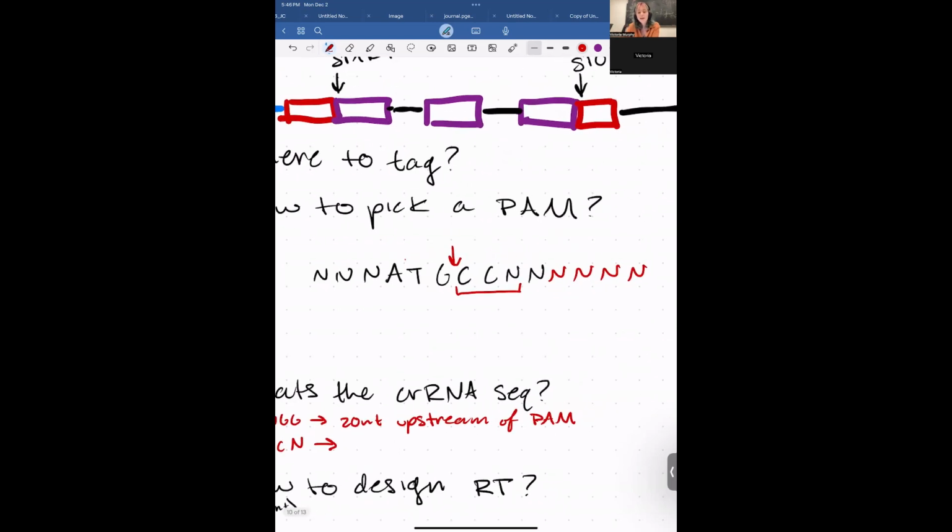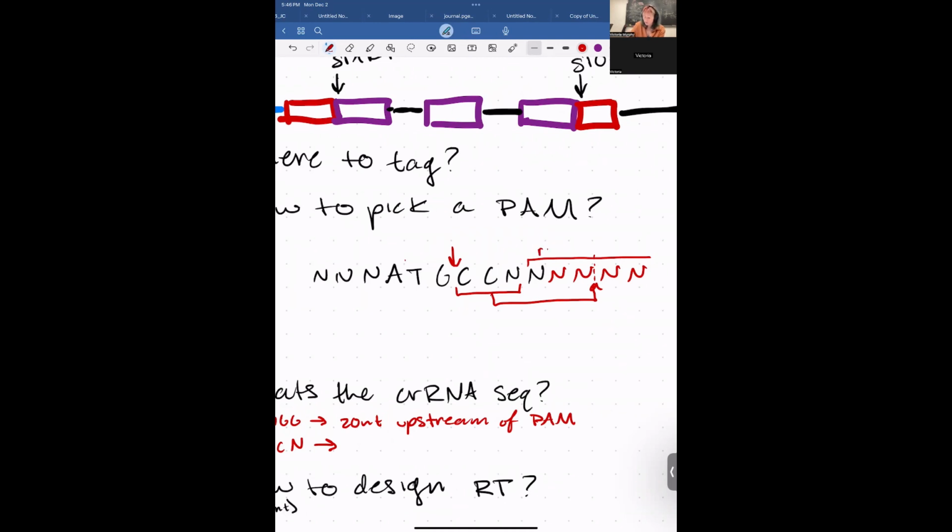Then where does this PAM induce a cut? I'm going to say this first and then I'll explain it. 3 nucleotides downstream of the CCN PAM. So this would be where the cut site would be, which is still pretty close to the insert site. And then the sequence of the CRISPR RNA would be the 20 nucleotides downstream of the CCN PAM, and it would be the reverse complement.